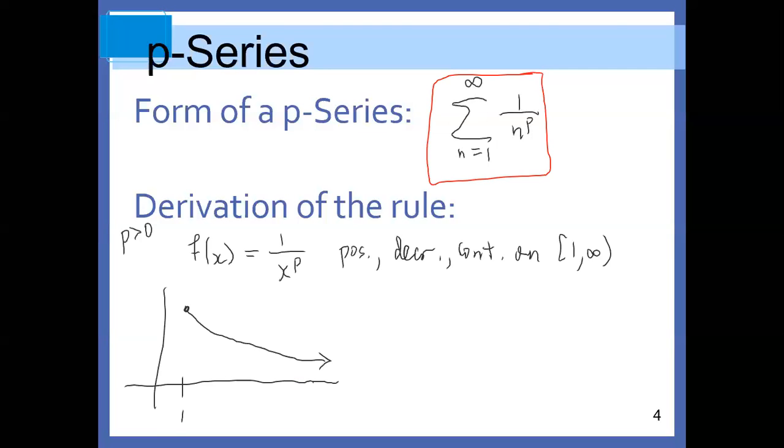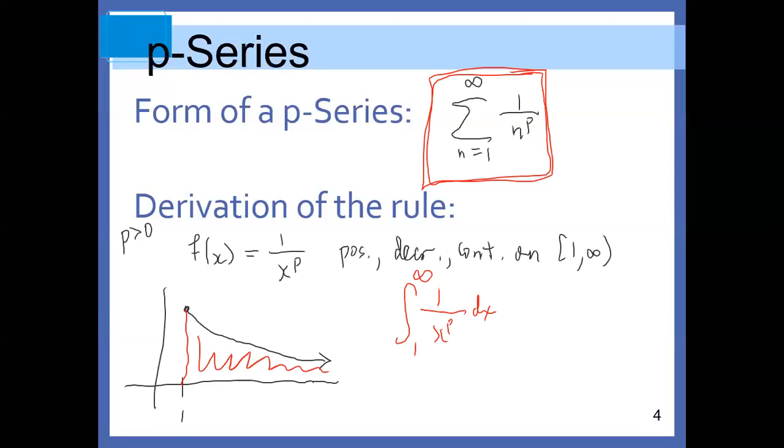So essentially, instead of looking at this series up here, we could look at the integral from 1 to infinity of 1 over x to the P dx. Okay? Do you remember we already did that a couple of weeks ago when we were dealing with improper integrals?